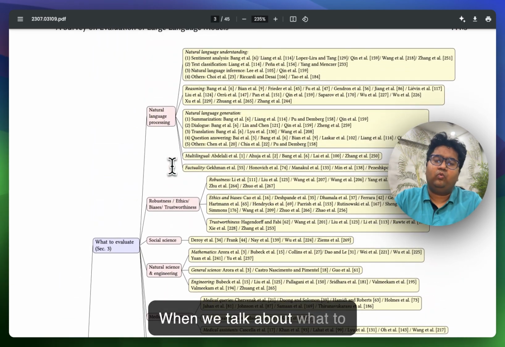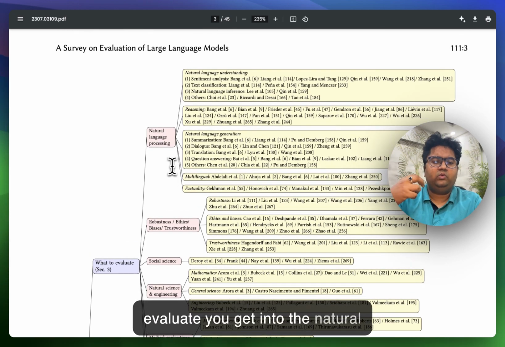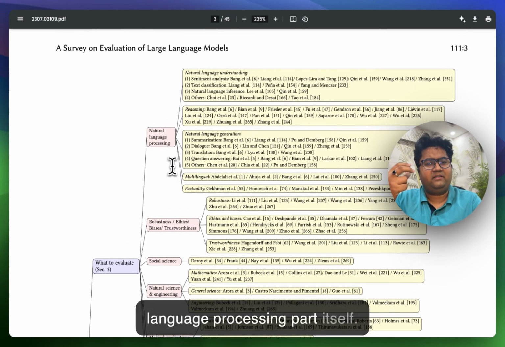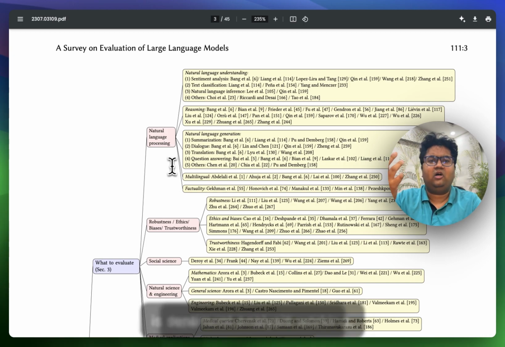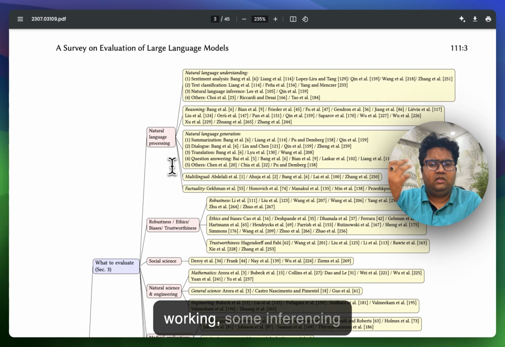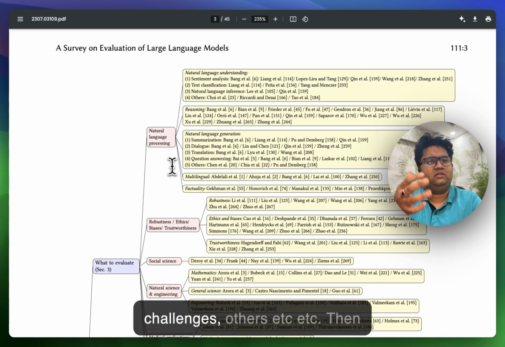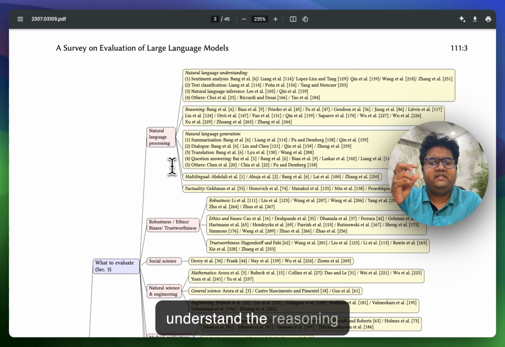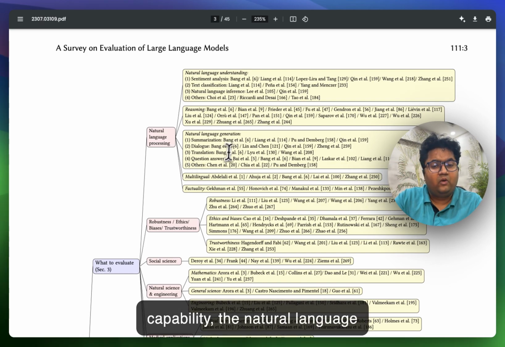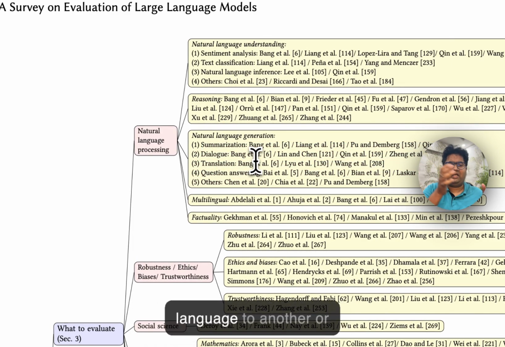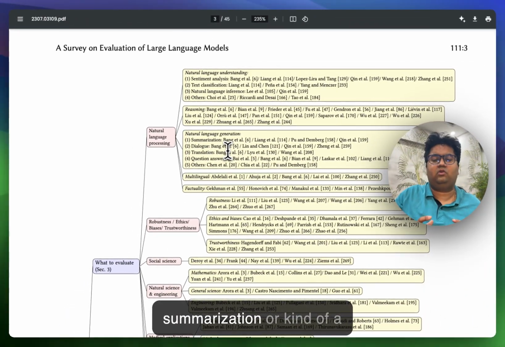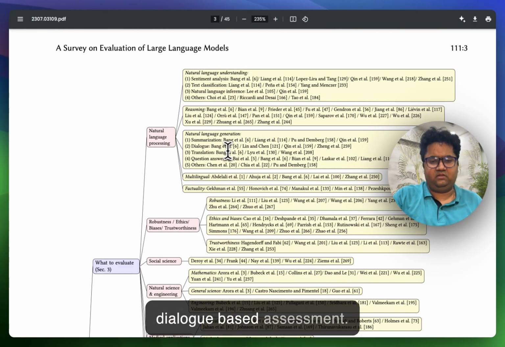When we talk about what to evaluate, you get into the natural language processing part itself. So you want to understand how sentiment analysis is working, how text classification is working, some inferencing challenges, etc. Then you could also want to understand the reasoning capability, the natural language generation capability, be it in the form of translation from one language to another, or summarization, or dialogue-based assessments.